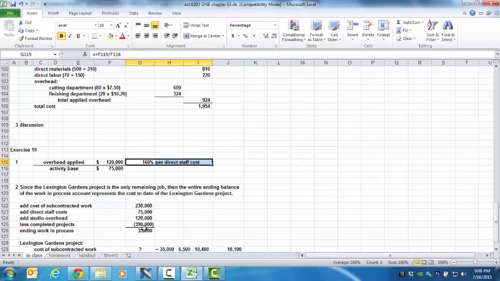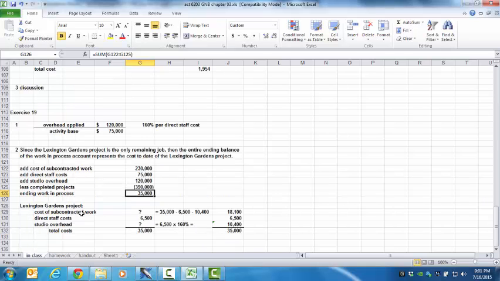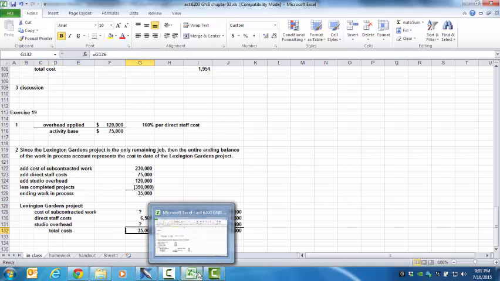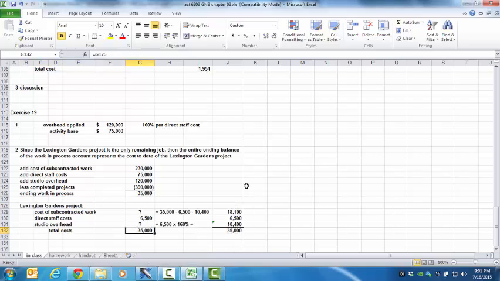Now, back to part 2. We already know that the ending balance in work in process is $35,000, and part 2 says that only one customer is left, Lexington Gardens. This problem wants you to work with the relationships. I know that Lexington Gardens is $35,000, and the exercise says this job had been charged with $6,500 of direct staff costs. That leaves me with two unknowns.